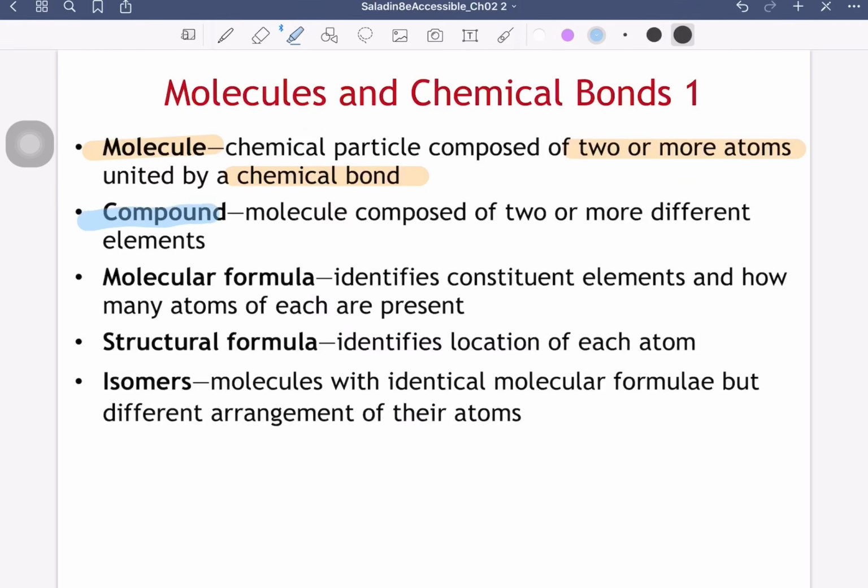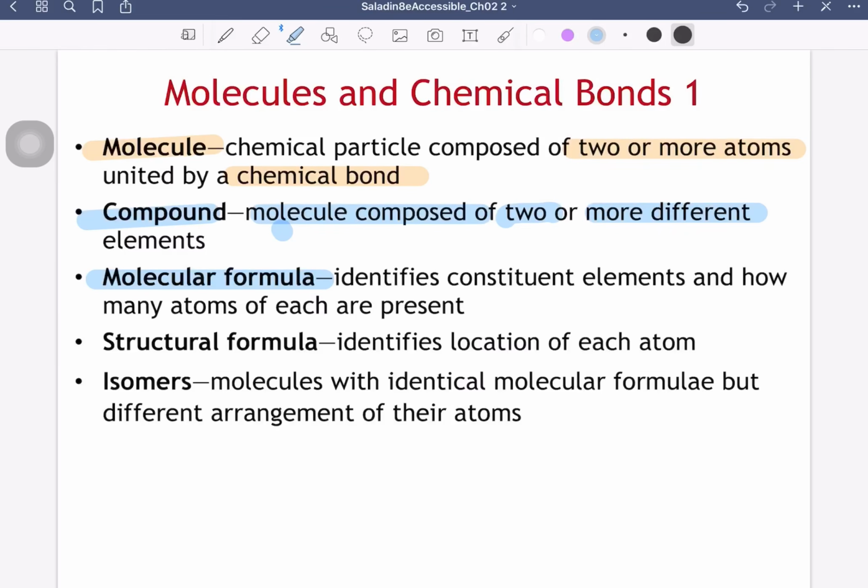A compound is a molecule composed of two or more, and here's a key word, different elements. A molecular formula is one way that we can write in shorthand what atoms make up a molecule.